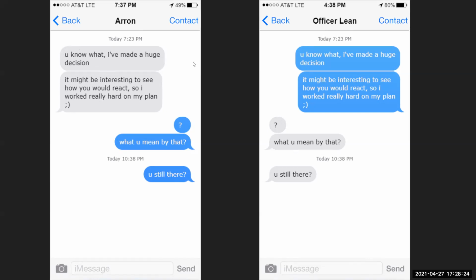And this one and this one were received and sent by two different people. By seeing this, you're going to see, oh, the person who sent these texts has the name Aaron, and the person who sent this text has the name Officer Leon. This is one thing I want the audience to observe.